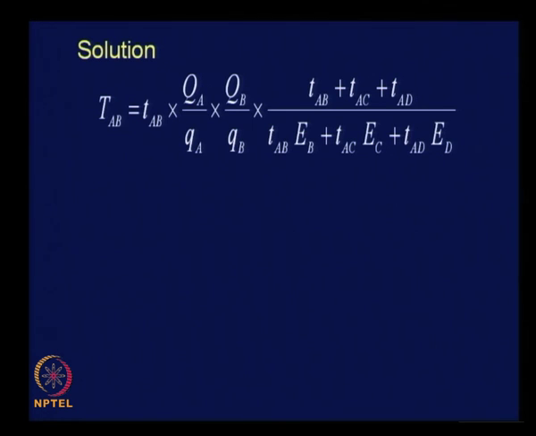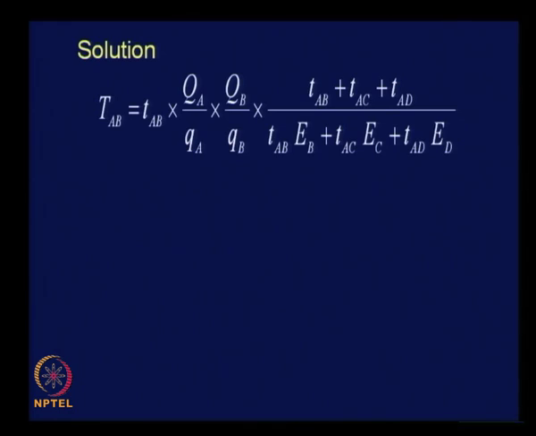So, if you want to get the horizon year cell value for AB, we calculate T_AB equal to small t_AB into the growth factor corresponding to the origin zone, Q_A by small q_a, and the growth factor corresponding to the destination zone, Q_B by small q_b, divided by T_AB plus T_AC plus T_AD, the trips originating from zone A to all the other zones, each multiplied by its destination growth factor. T_AB into E_B is nothing but trips that would be originating from zone A in the horizon year as per the anticipated growth factor, which is E_B.